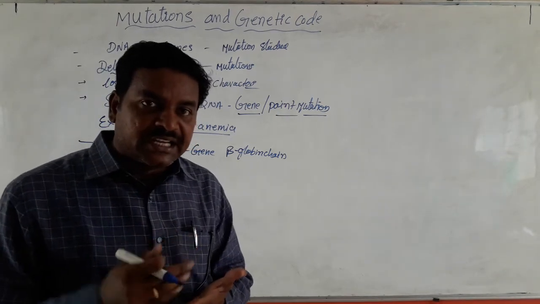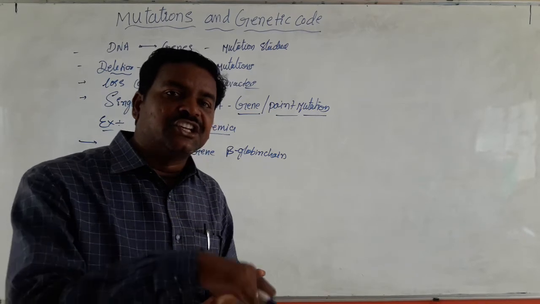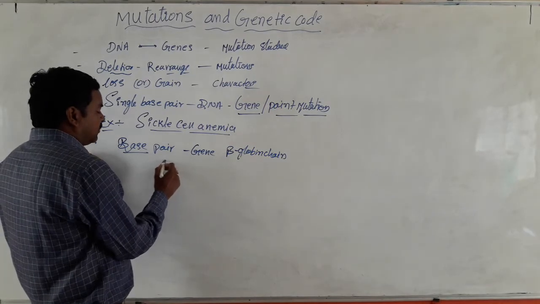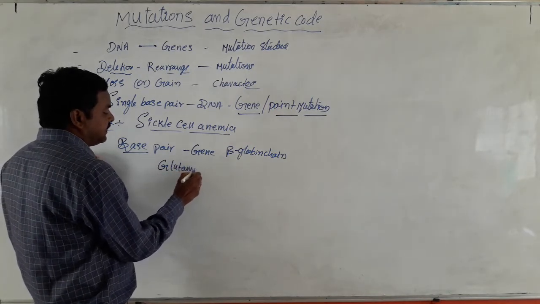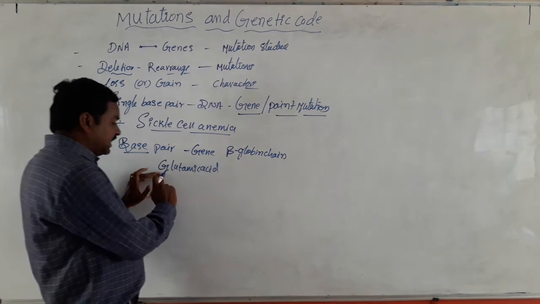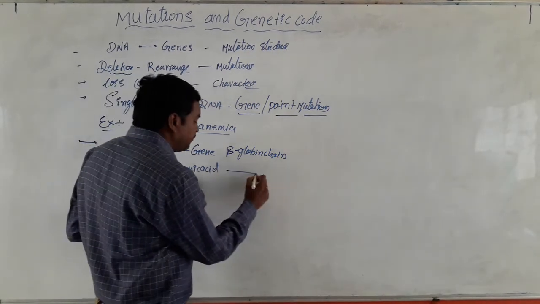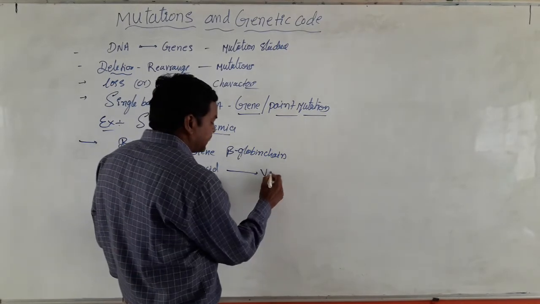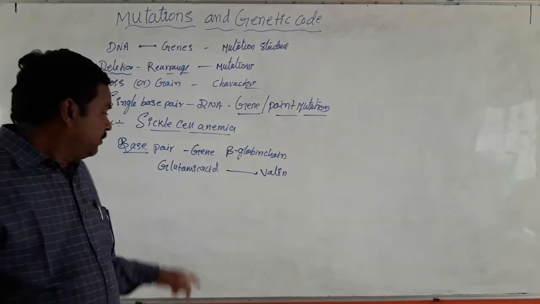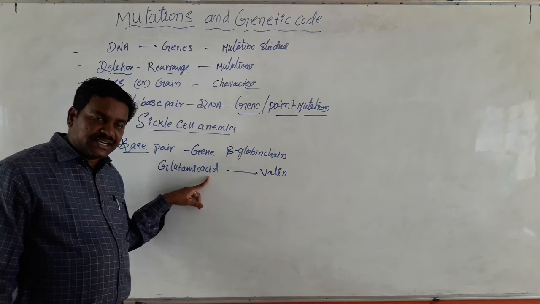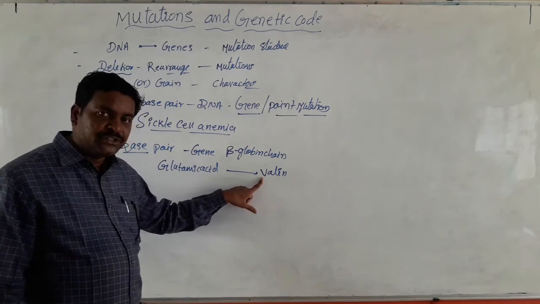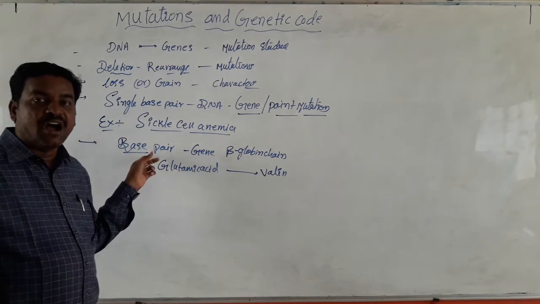The codon which recognizes glutamic acid is changed into the codon that recognizes valine, due to a single base pair change.